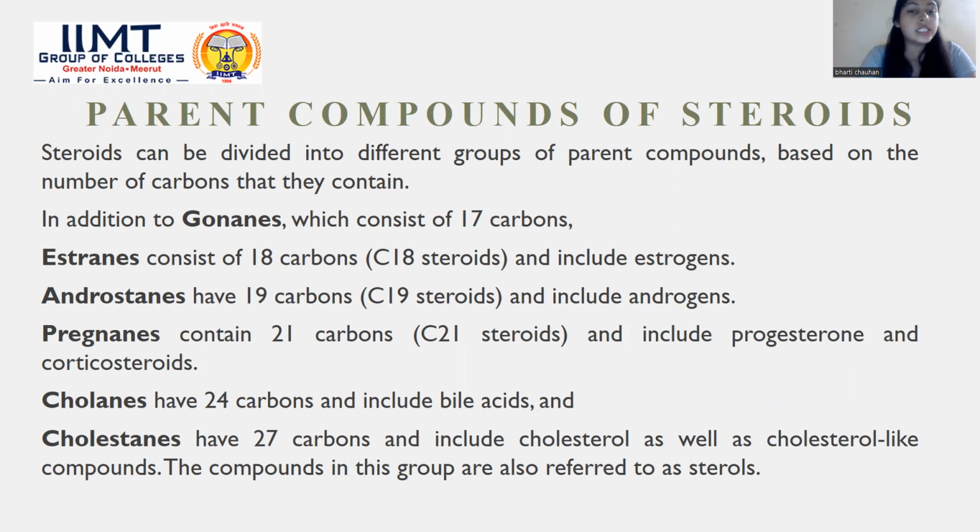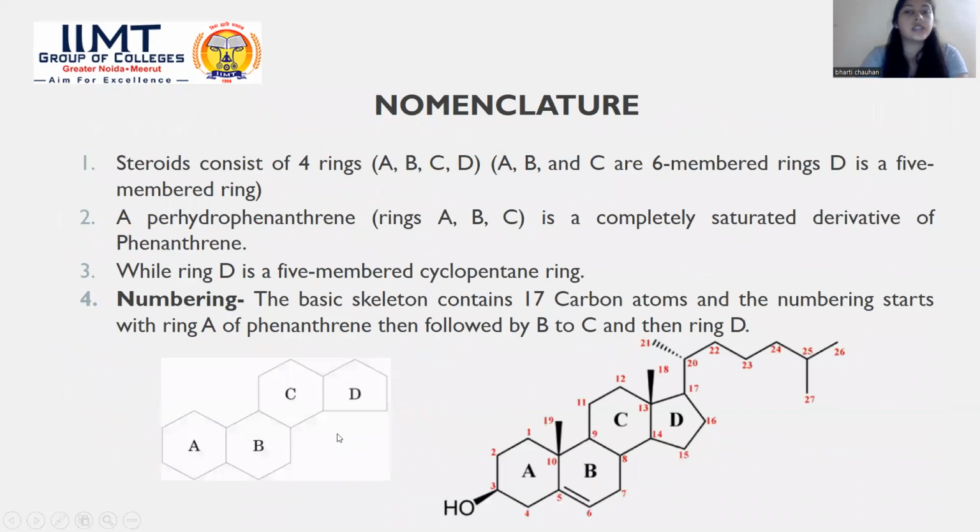The carbon 21 nucleus is of pregnane, which is used to form therapeutically important compounds like progesterone and corticosteroids. The carbon 24 steroid nucleus is of cholane. It makes cholic acid and bile acids. Last is cholestane, which makes cholesterol and other therapeutically active compounds and has 27 carbons in its structure.